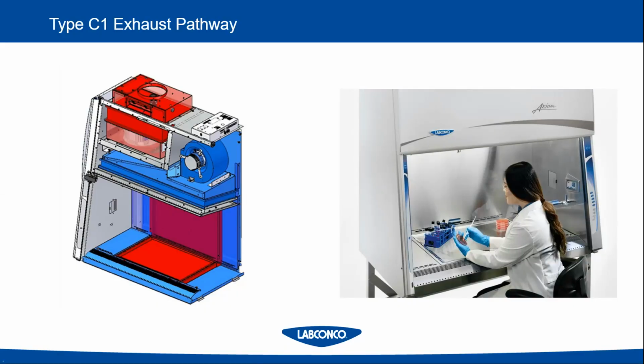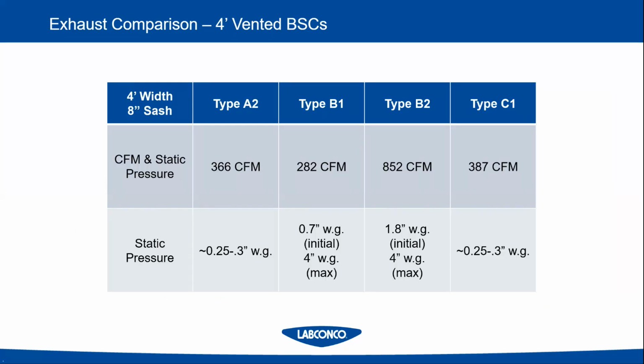Unlike a type B2, which has no exhaust fan and relies completely on the building exhaust, this type C1 has its own exhaust fan in red, and that means if the building exhaust ever fails, this exhaust fan can keep running for several minutes to provide safe time for the users to close any chemicals and close any biohazards before there's any problems with containment. So a type C1 really is a flexible hybrid biosafety cabinet that provides the ultimate safety containment backup.